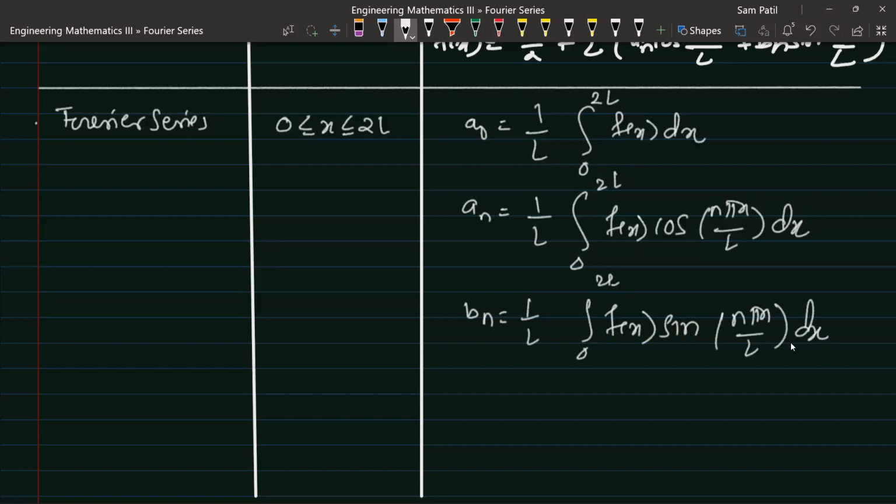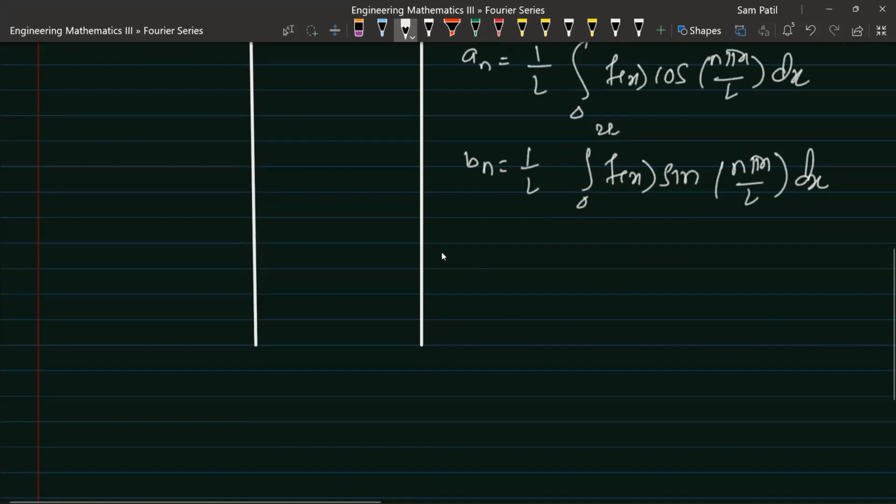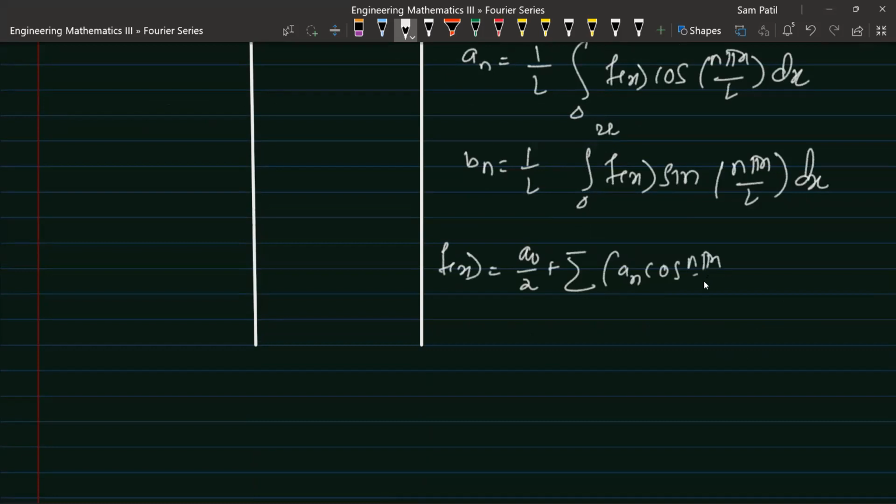And what is f(x)? The series expansion: f(x) is a naught upon 2 plus summation of a_n cos n pi x upon L plus b_n sine n pi x upon L, from 1 to infinity. Is there any doubt? No sir. Okay, fine.